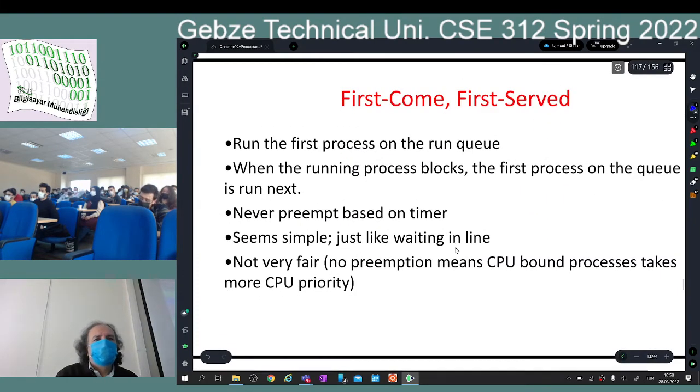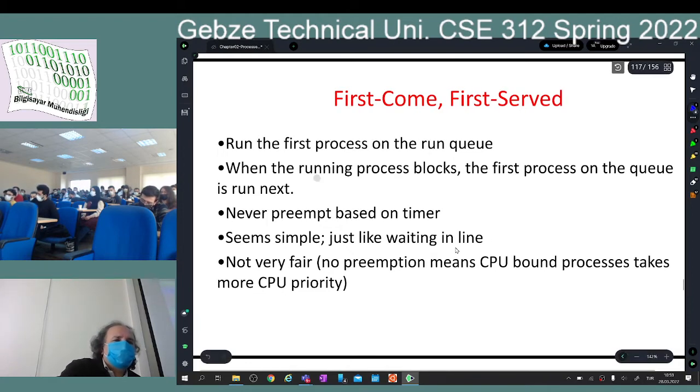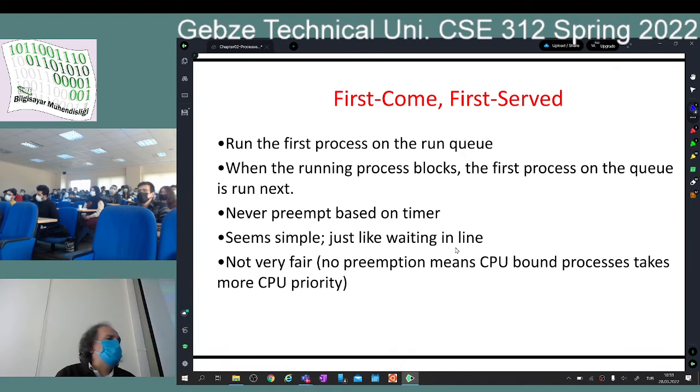Okay. So run the first process on the run queue. When the running process blocks, you may choose to have a multi-task operating system. The first process on the queue is run next, and we never preempt based on timer. Why do you think that we are not doing any preemption in this case?